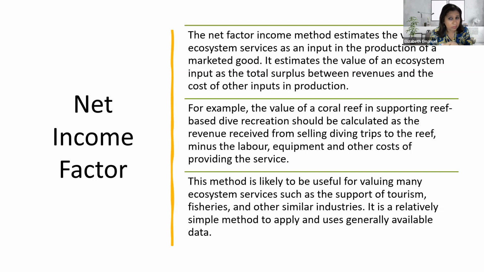Is that one simple? So if we know that in our economy the market price in the fishery sector is distorted because there are multiple subsidies on fishing lines and nets and boats, etc., we could actually determine the value of the contribution of the coral reef to fisheries by utilizing this net income factor. So net meaning we're taking out certain things from the price.